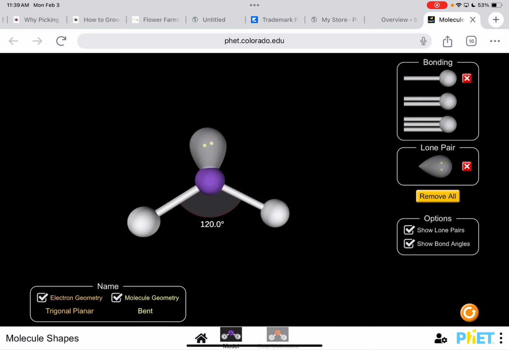And this is the model, so it's still predicting 120 degrees for the angles. But if we trace the atoms, the outline of the atoms is no longer trigonal planar. There's only this one shape, this one little pie piece. We call that bent. So that's this one down here.